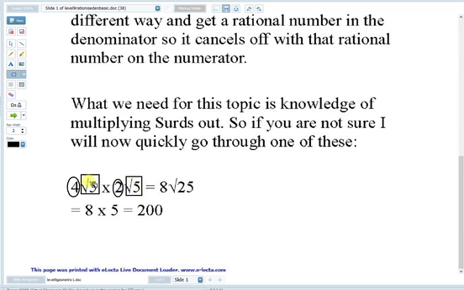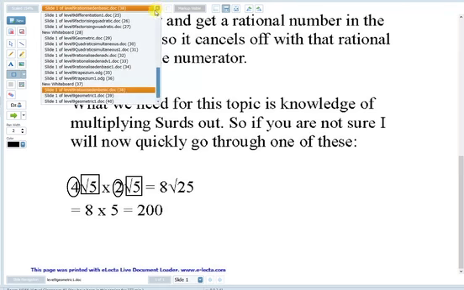So basically square root of 5 times the square root of 5 is square root of 25, and then the square root of 25 cancels down to 5, so it's 8 times 5, which is 40, not 200.